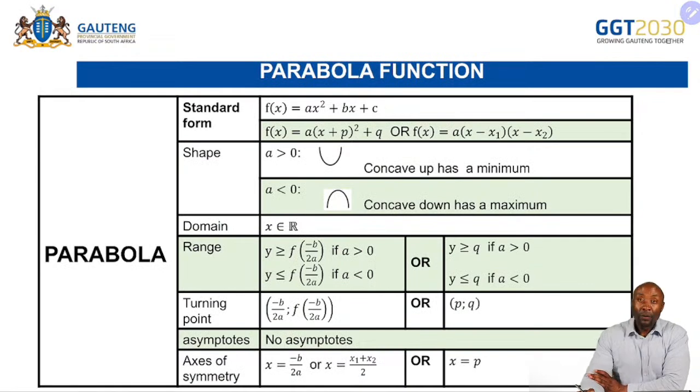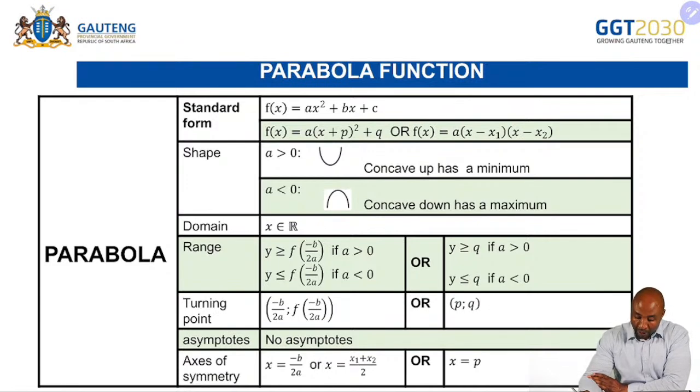The parabola. Parabola is also known as a quadratic function, and we are able to see the three kinds of equations, or forms of the equation, of the parabola. The first one, we know it's the quadratic form.